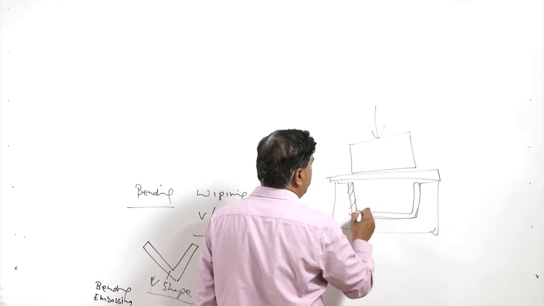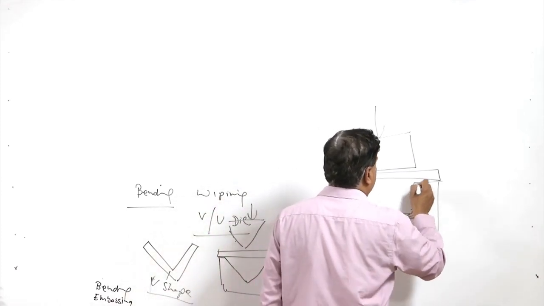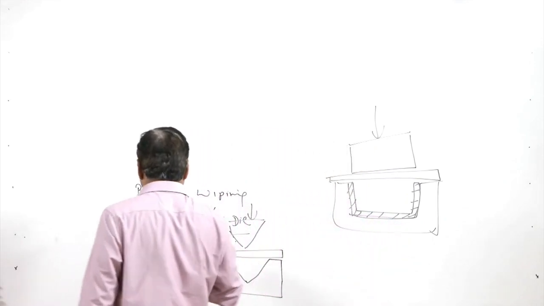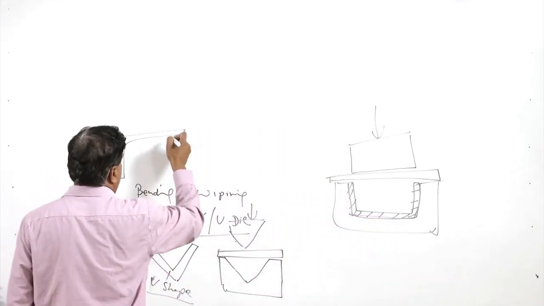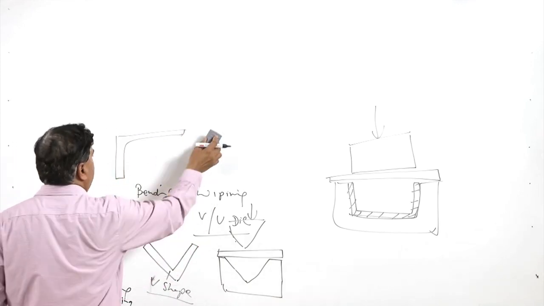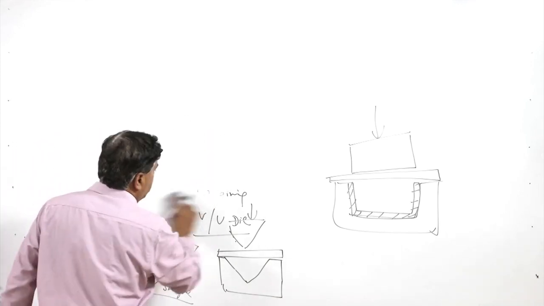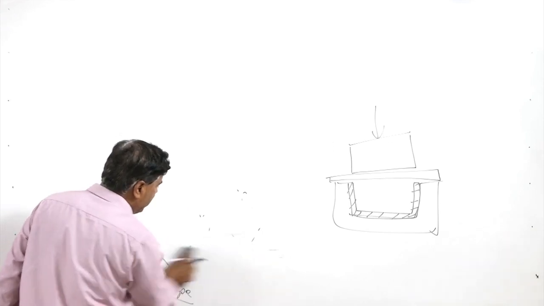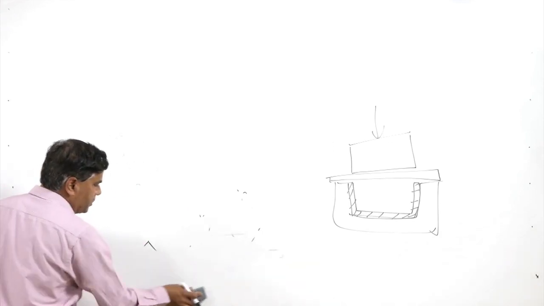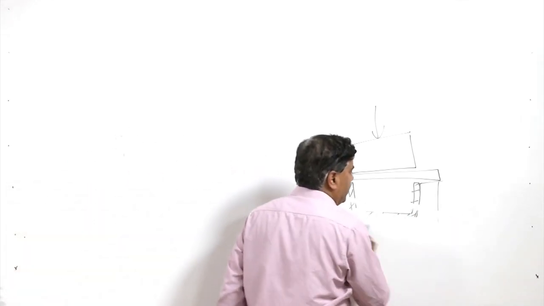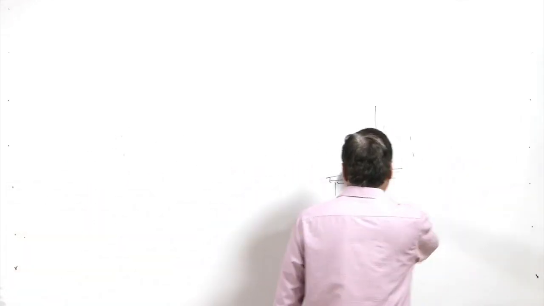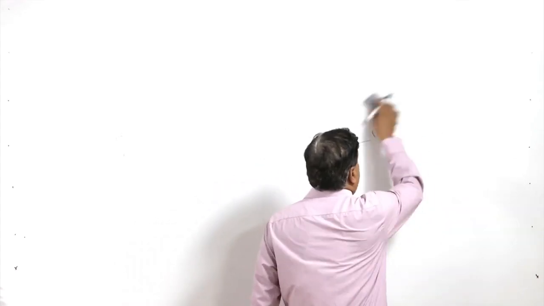So basically, bending the sheet metal through 90 degrees with the help of die and punch to realize wiping, and V and U shapes, can be achieved through these bending processes. These processes are very commonly used for achieving different kinds of shapes and geometries of sheet metal for manufacturing a variety of products.